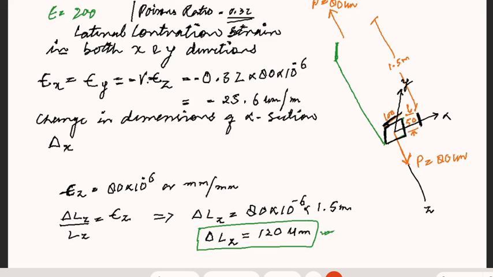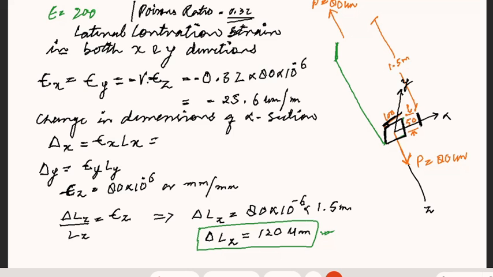What is the change that will occur in x direction? It will be equal to the strain in x direction times the length in x direction. And change in y direction will be equal to the strain in y direction times the length in y direction. How much is the strain in x direction?